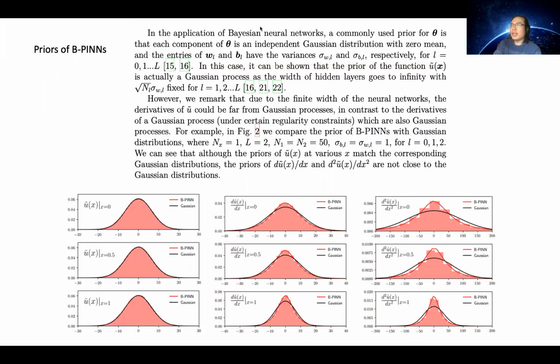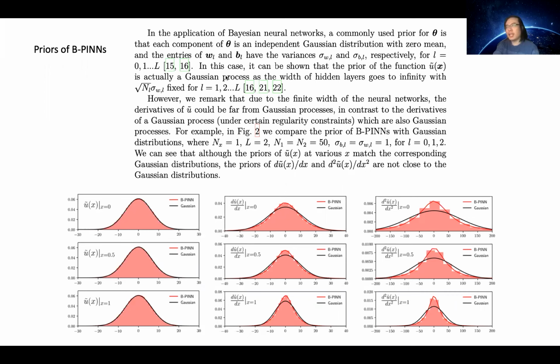A commonly used prior for theta, the parameters, is that each component of theta is an independent Gaussian distribution with zero mean, and the entries of W and B, the weights and biases, have variance sigma_W and sigma_B respectively. So they're totally independent. In this case, it can be shown, and this is interesting, that the prior of the function is actually a Gaussian process.